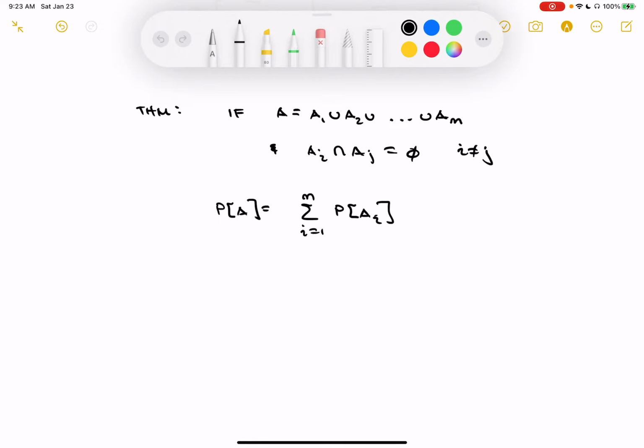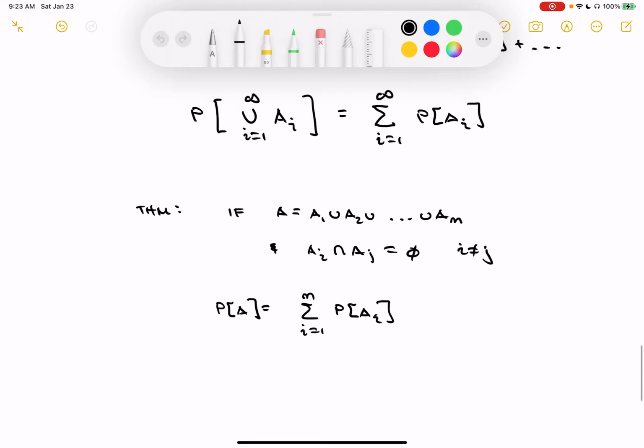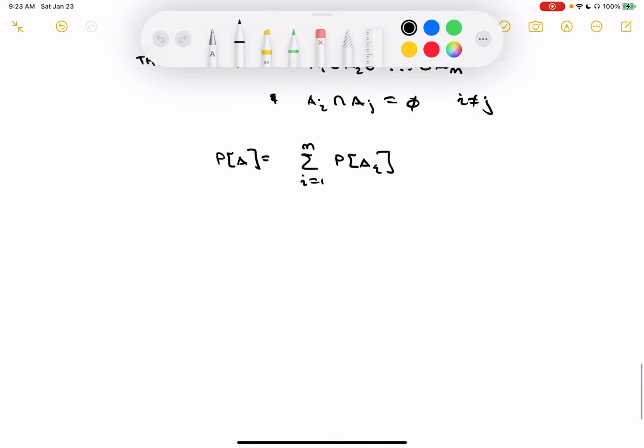The book does a nice job of talking about why this is slightly different. In fact, my last example was more like this case of this theorem, why this particular simplification, not going out to infinity, still works, and why it is different. Let's think a little bit, though, about how we might prove it. Not terribly difficult proof here. So if I wanted to do a proof on this, we would start by using axiom 3, which says we're going to go out to infinity, right?